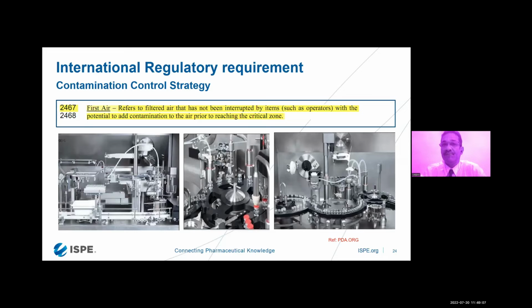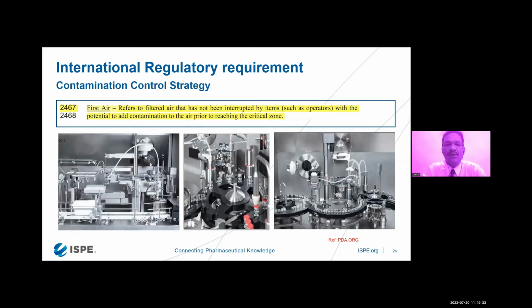And this will be after the tunnel sterilization when it comes on the turntable, from that point till the time the vial is capped completely, sealed completely. So you always have to protect it under the laminar airflow. We call it the critical zone till the time the vials have been completely sealed, capped.